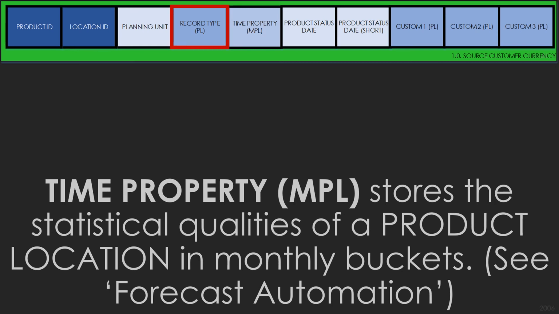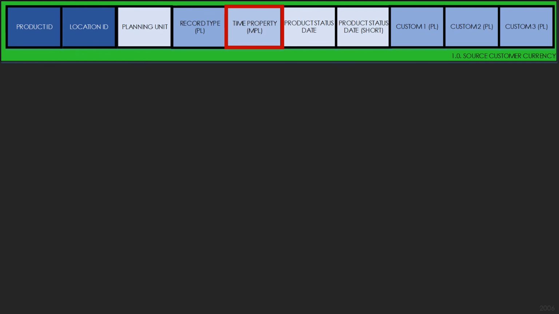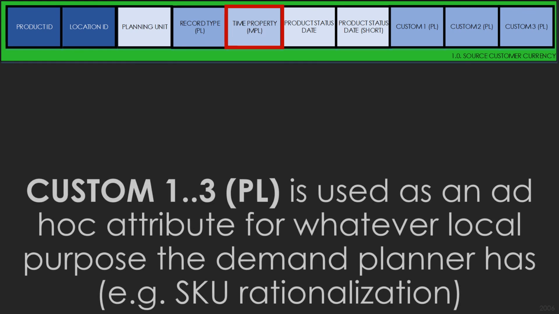Time property MPL stores the statistical qualities of a product location in monthly buckets. See forecast automation. Custom 1, 2, and 3 PL is used as an ad hoc attribute for whatever local purpose the demand planner has.